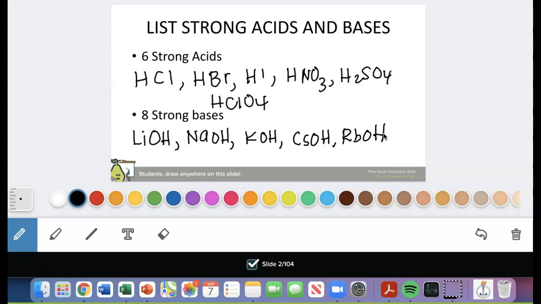We don't do FrOH because it's radioactive and we're just not going to pay attention to it. So you've got all of these alkali metals with hydroxide. They're all strong. And then 3 other ones from your alkaline earth metal family. That's your second family. CBS, calcium, barium, strontium.